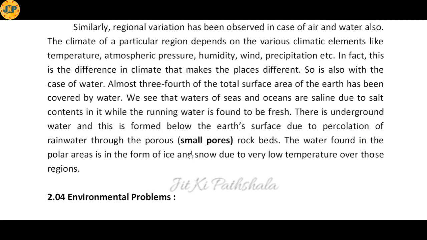The water found in the polar areas is in the form of ice and snow due to very low temperature over those regions. The water present in the polar regions is generally in the form of ice and snow, as the temperature of these areas is very low.